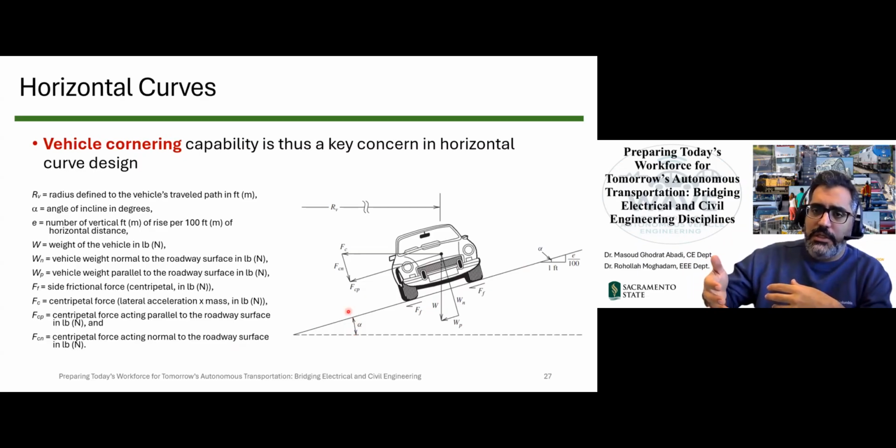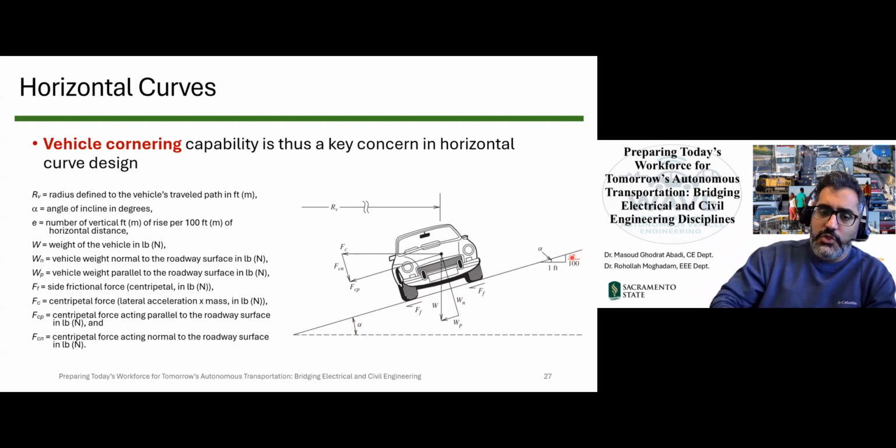Depending on the speed and some other conditions, we will elevate this edge, so bank here, and elevate the edge so we can fight that centripetal force using the friction between the tire and the roadway and also using the weight of the car as another factor.